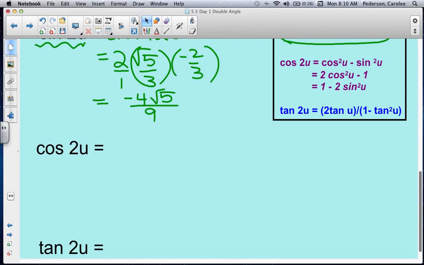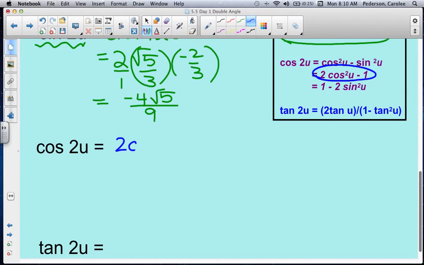Now, cosine of 2u, we have 3 choices to use. I'm just going to choose this one here. 2 cosine squared of u minus 1. Well, the cosine of u is negative 2/3. So we're going to square that and then do some simplifying.